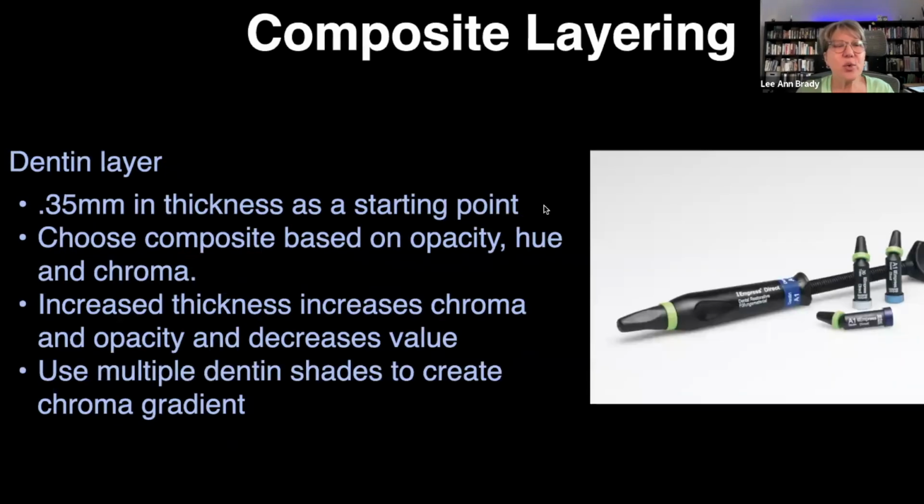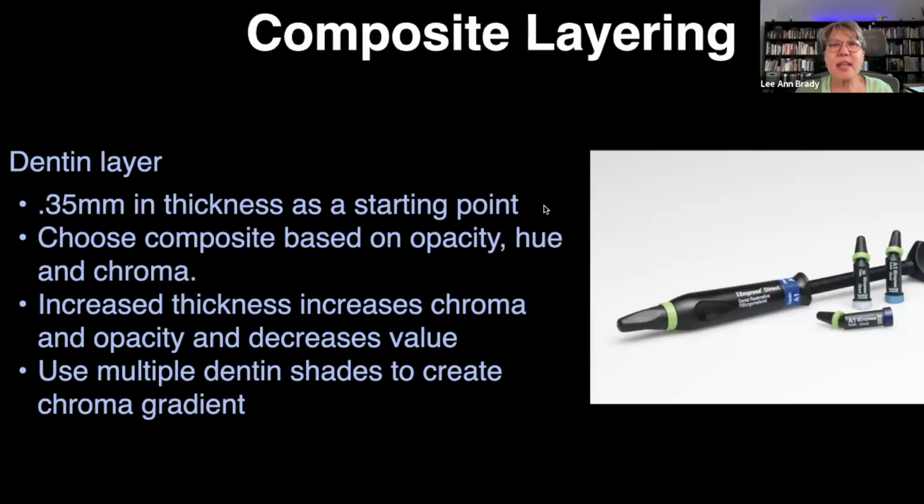Okay. So what you're going to now put in the center of the restoration or the center of the preparation, where the actual dentin would be in the natural tooth, is what's going to provide the chroma and the hue.